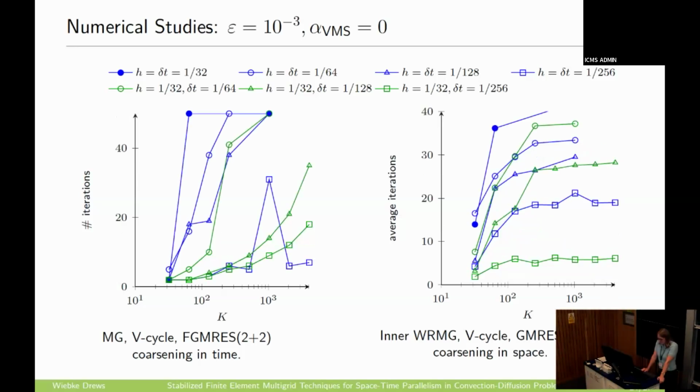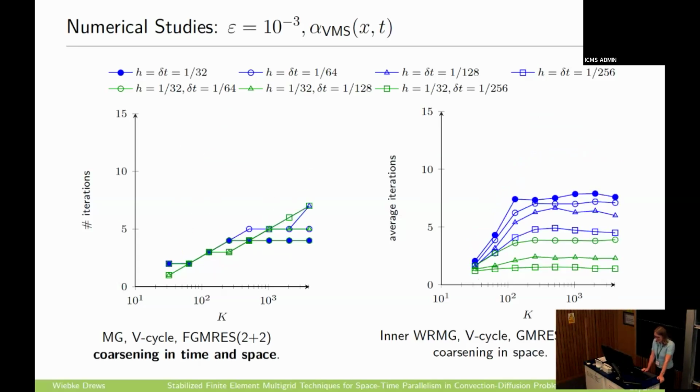And if we go back to our worst case, then we see this, but we don't forget about stabilization. If we add our stabilization, these are results for coarsening in space and in time, and we see that our inner multigrid can work. And also the outer iterations are quite low here.